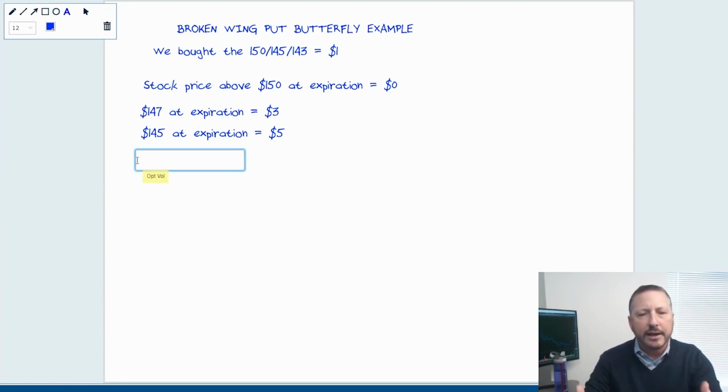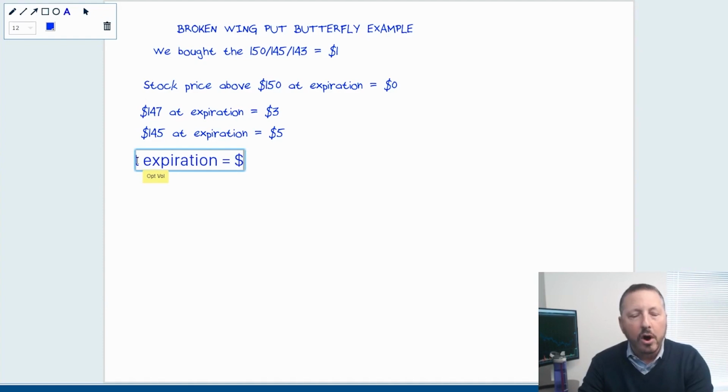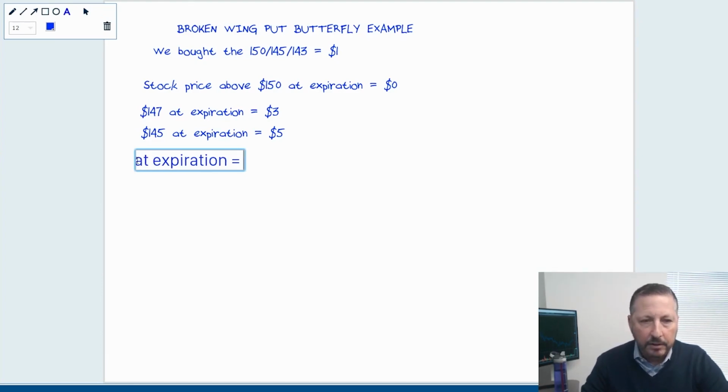Now what happens if we start to move down below that short strike? We're going to start giving back some of that value. So at 144 at expiration, the long spread is still worth 5. The short spread is worth what? Let's break it down like we did in the butterfly example. The long 150 put is going to be worth 6.